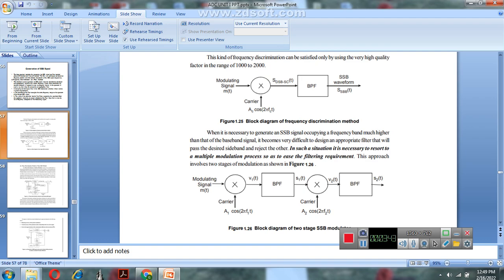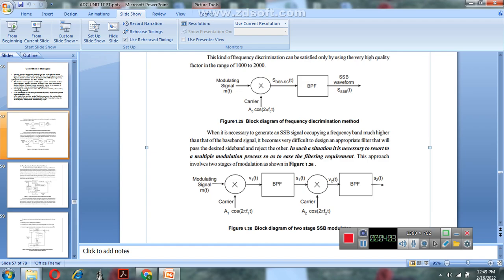This output v2(t) is connected to the next band pass filter, which rejects the unwanted signal and produces the required output s2(t). This is the generation of SSB signal using the frequency discrimination method.